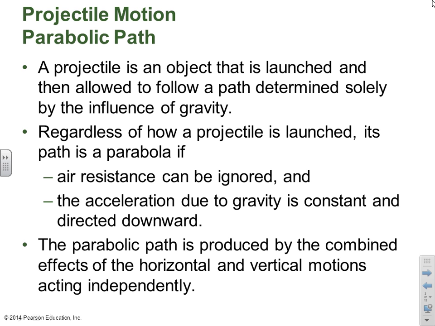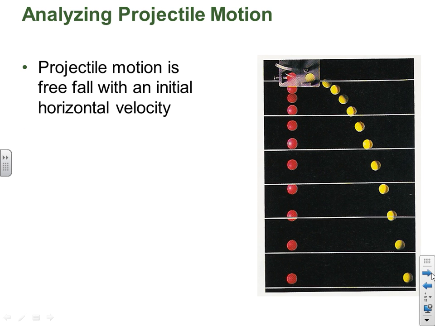By adding the horizontal component to that motion, that doesn't change what gravity does to it vertically. Because we can think of projectile motion as free fall, but with initial horizontal velocity. That picture on the right-hand side is going to be the picture on the next 4 slides. So if you want to draw a little sketch of it, you can just write the stuff next to it because the same picture shows up.